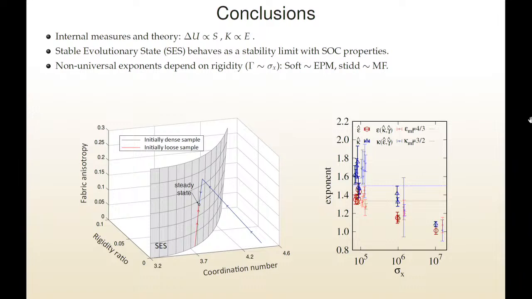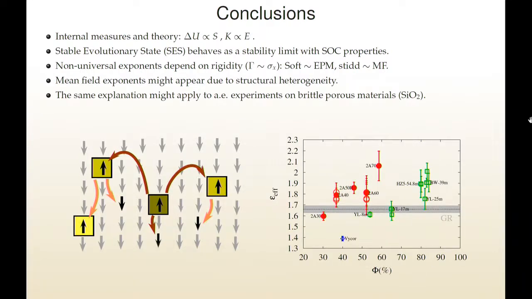We've said that we have these non-universal exponents that match these mean field models for stiff particles. But for soft particles, we obtain the exponents expected in these systems. Finally, this explanation that I gave about the mean field exponents is probably due to the fact that for stiff particles we are closer to a memoryless branching process, and that may occur due to this structural heterogeneity of these force networks.